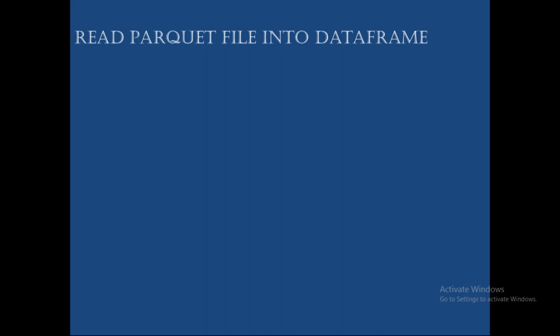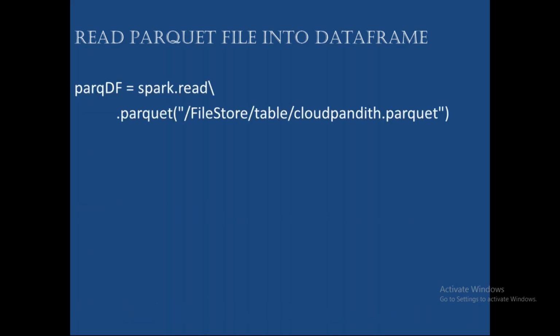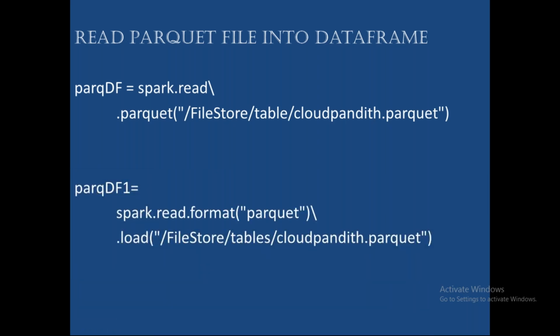Next, read a Parquet file into a data frame. We know there are two syntaxes. One is the normal syntax. The second one is the Databricks specific syntax. By using these syntaxes, you can read the data into a data frame. See, spark.read.parquet, and I'm just giving the file location, but I'm not saying header equal to true or inferSchema equal to true, because it's the default.